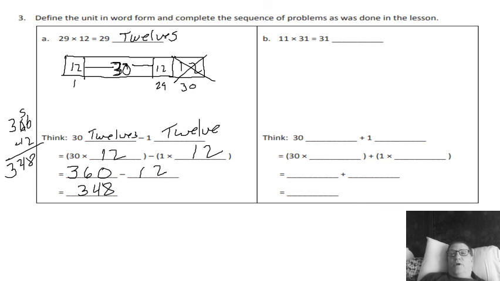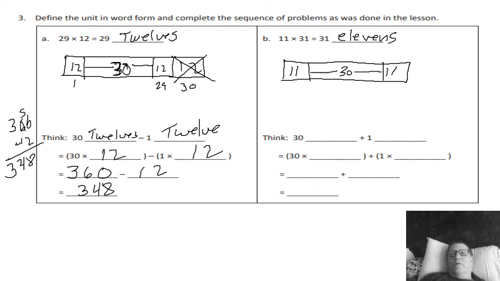Now our next one, we have 31 11s. So here, I'm actually going to solve for 30 11s. And then I'm going to add one more, because there's 1, 30, and 31.